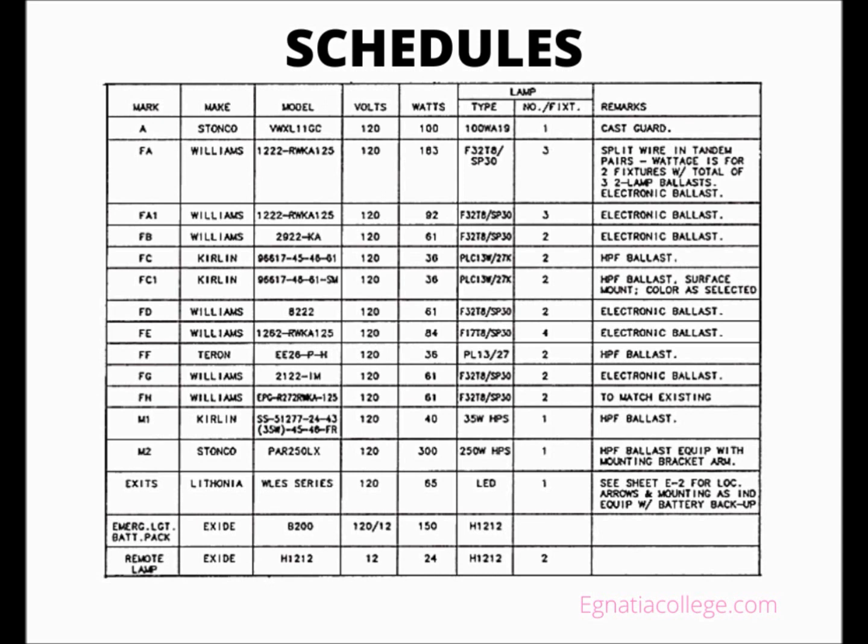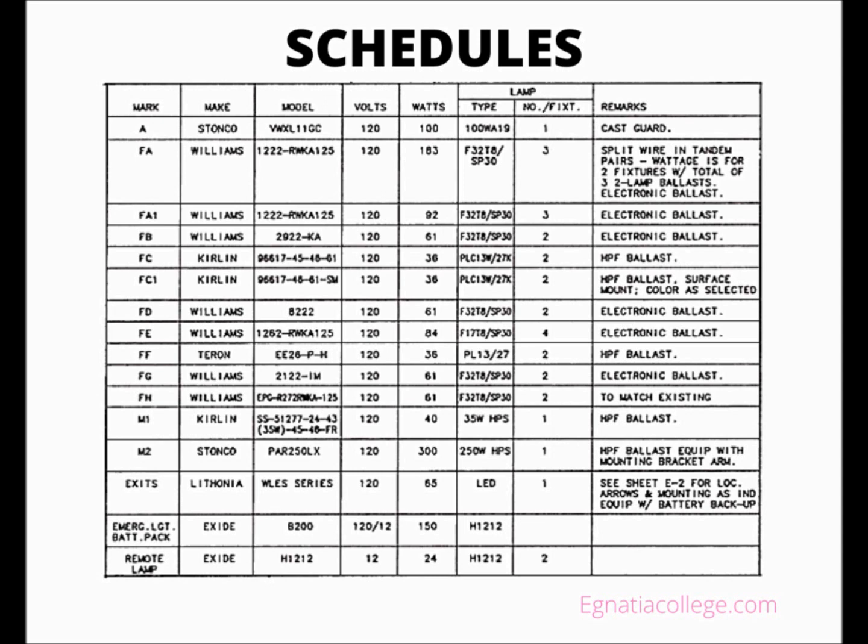A receptacle schedule is valuable when a number of special or specific receptacle types are found on the electrical drawings. If one is not provided, you should make one to expedite the installation time required and reduce the chance of installation error.